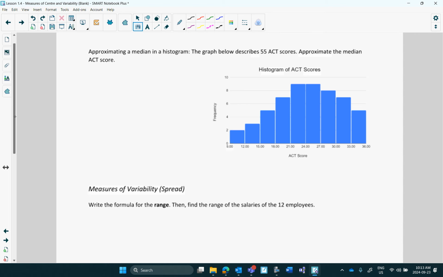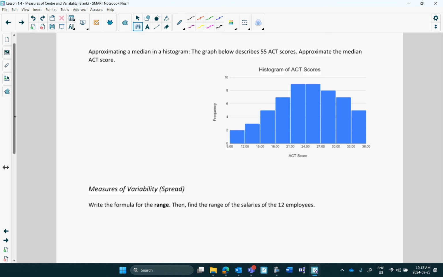So you guys had asked a similar example earlier in this class about, okay, how can I find the center as accurately as possible. Well, we could actually do this more accurately now. Because if you think about it, we've got 55 ACT scores.